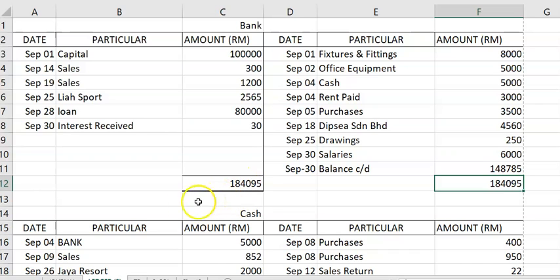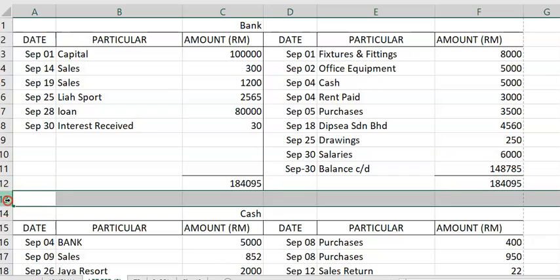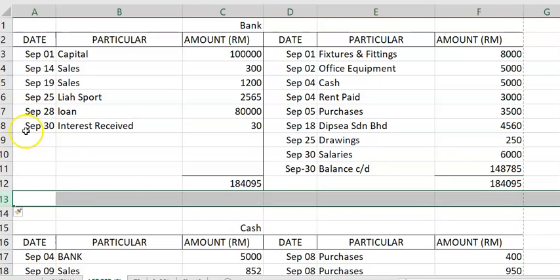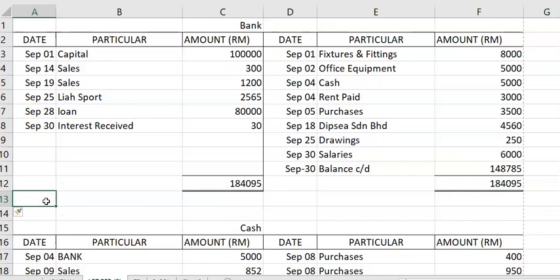Now for the next month, that means August 1, you will have an opening balance for the next month.